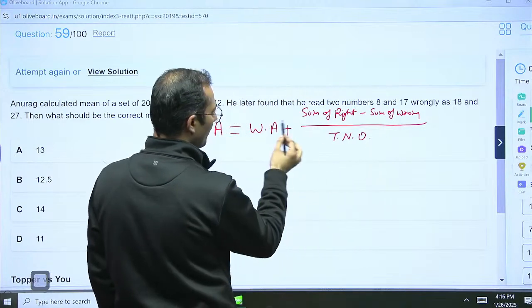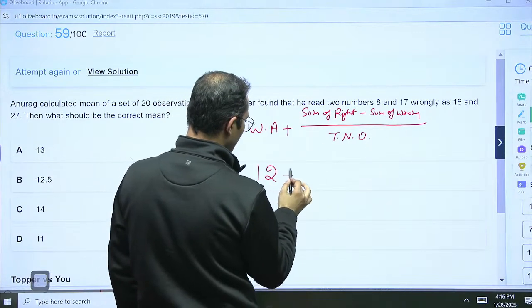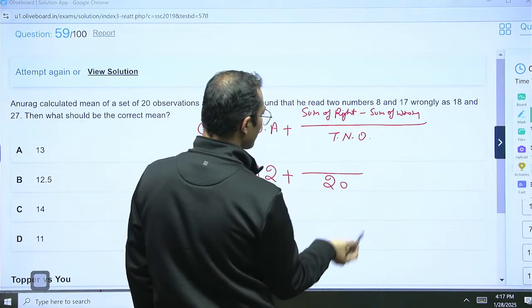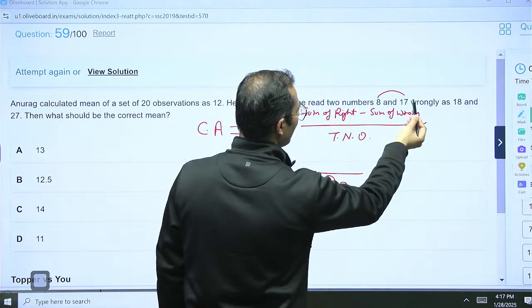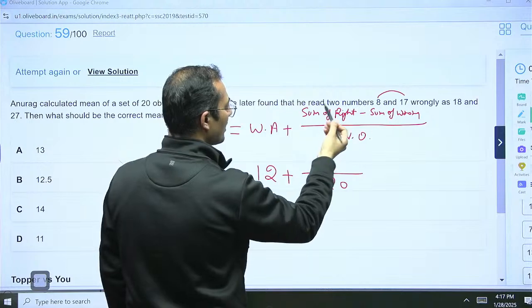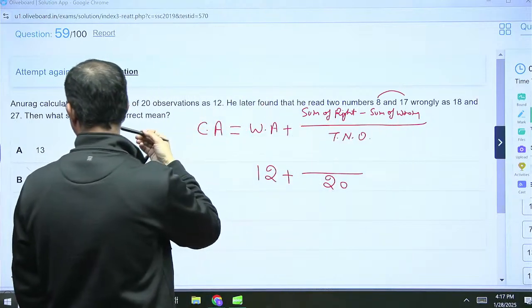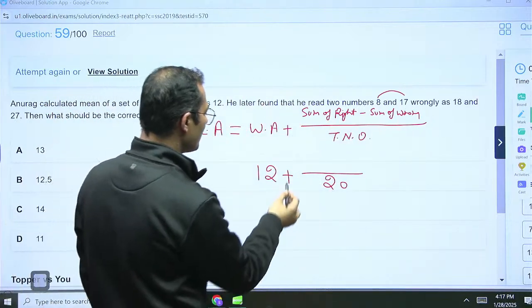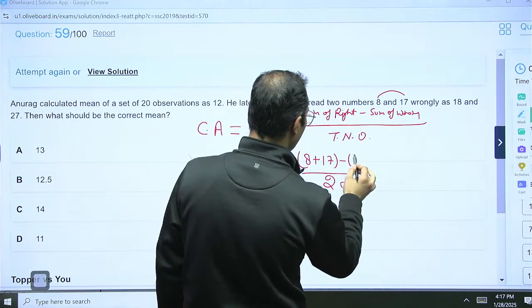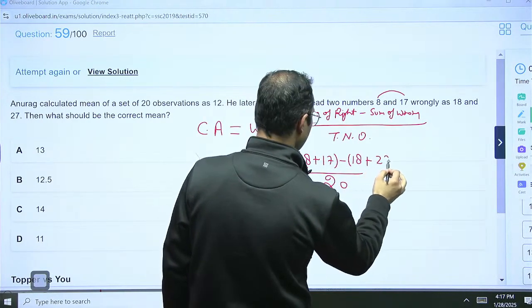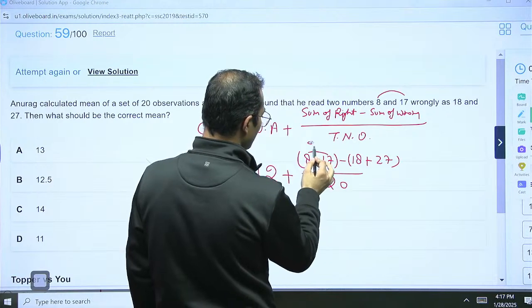Simple. So wrong average is what? 12. So there are 20 observations, divide by 20. So he read two numbers wrongly as 18 and 27. So right value is what? 8 plus 17, right? So wrong value is what? 18 plus 27. See, sum of this is equal to 25.